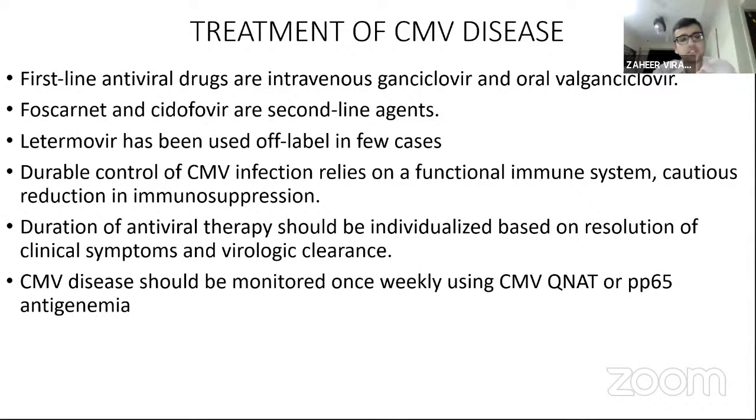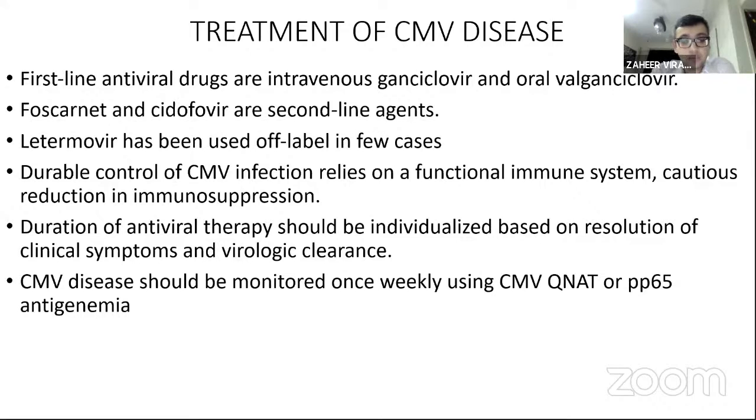Whether to reduce CNIs first or MMF or antimetabolites, there is no real data which can tell you which goes first, but one has to individualize. There are also certain centers which have stopped the CNI and replaced it with an mTOR inhibitor, which is actually known to reduce the incidence of CMV infection in the future.